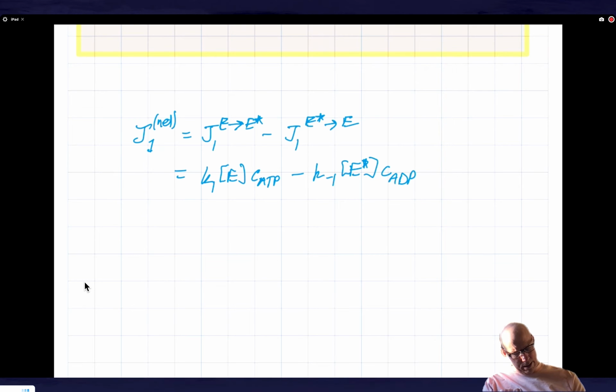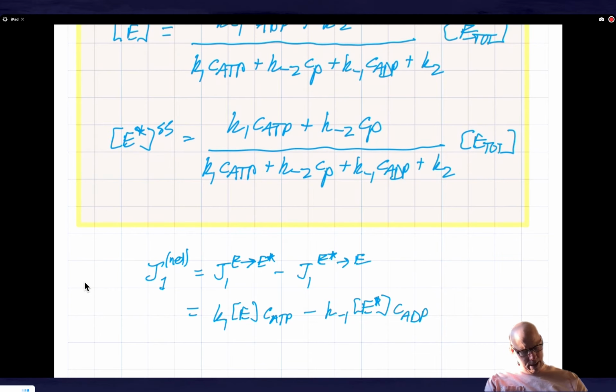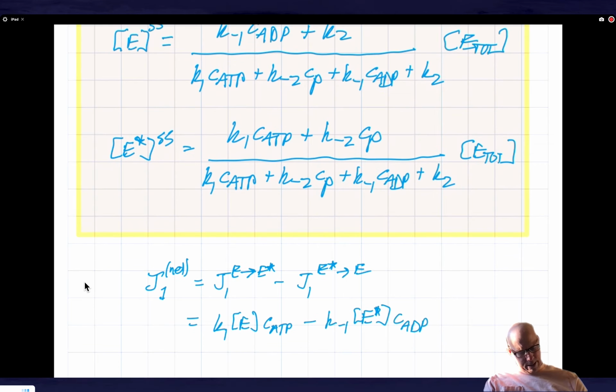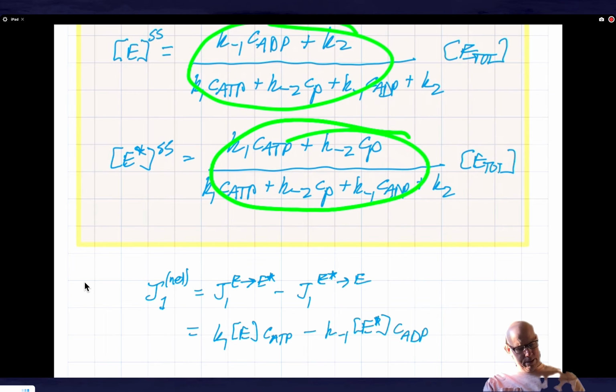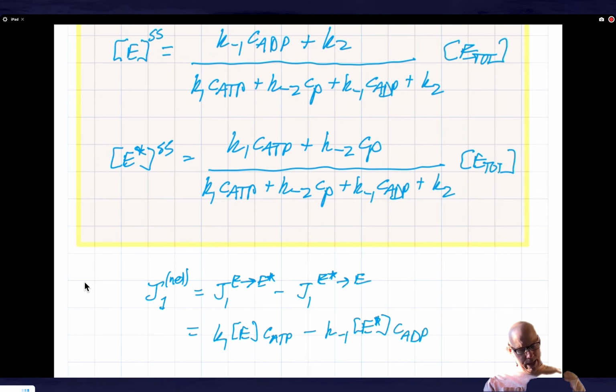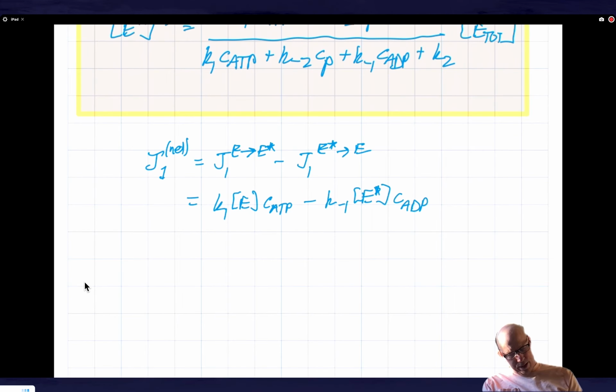So I want to find this steady state flux. How do I do it? You can see what I'm going to do is I'm going to use this result and this result, and together they will give me the net flux. So let's have a go at this.